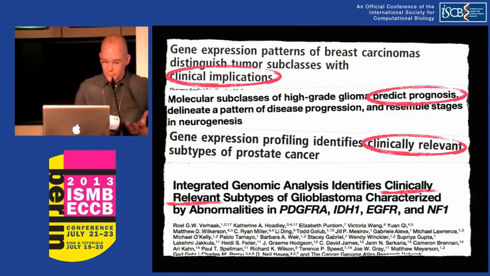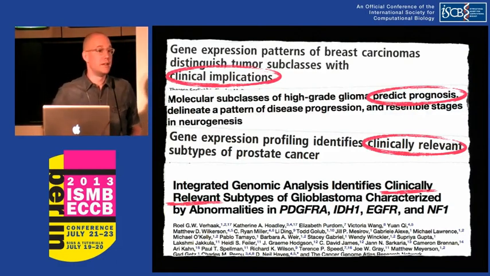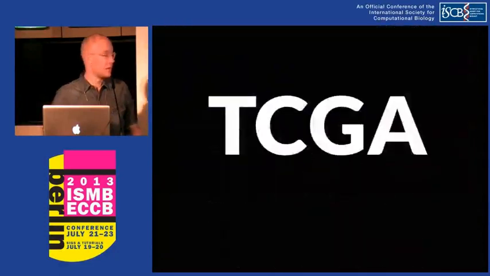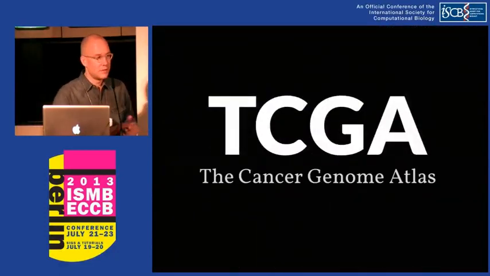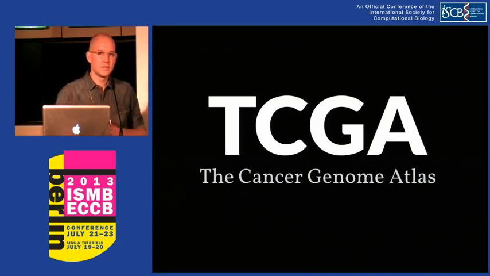So, how could we go about identifying subtypes in cancer? I already mentioned the Cancer Genome Atlas project. That is a very large-scale project funded by NCI and the National Human Genome Research Institute in the United States. There are about 20 centers that are generating a lot of data for a lot of cancer patients and cancer samples.